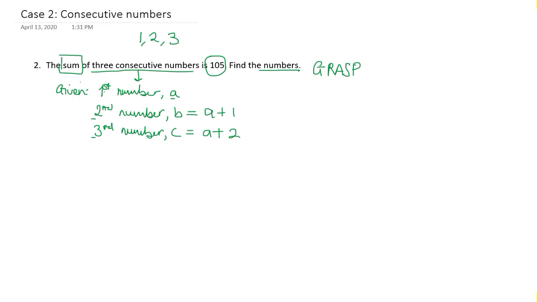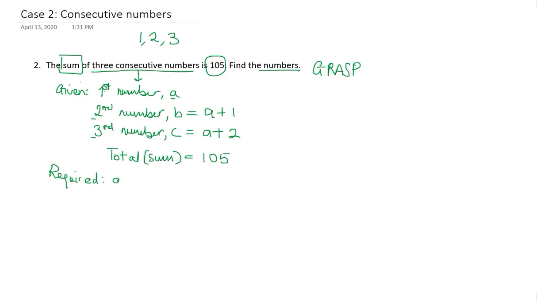We don't know what it is yet, but to know what A is, we need to take into account the total, or the sum of all the numbers. And based on the question, the sum of all the numbers is equal to 105.